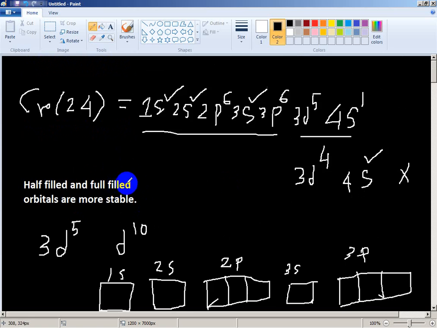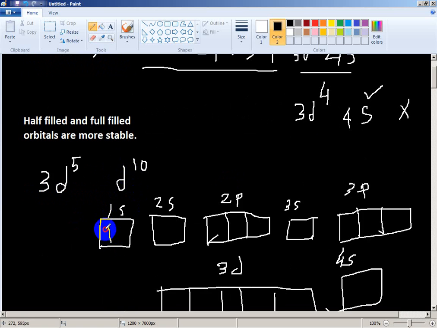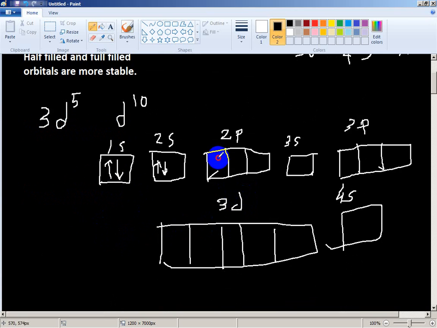Okay, how many electrons here? 2 electrons. These 2 electrons. So in the 2p orbital, at first you place singly, 1, 2, 3, then 4, 5, 6. This is 6 electrons, and this 2 electrons.